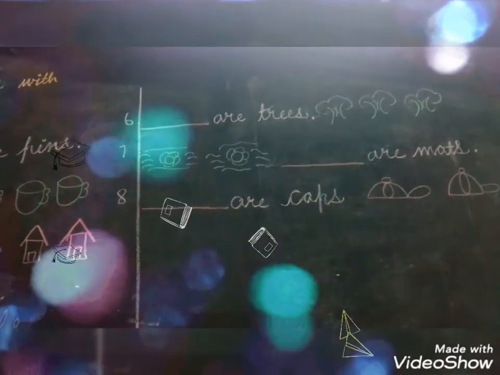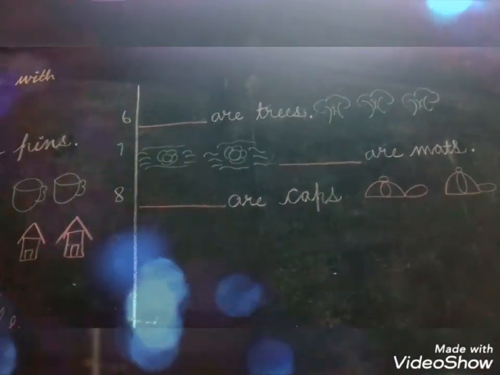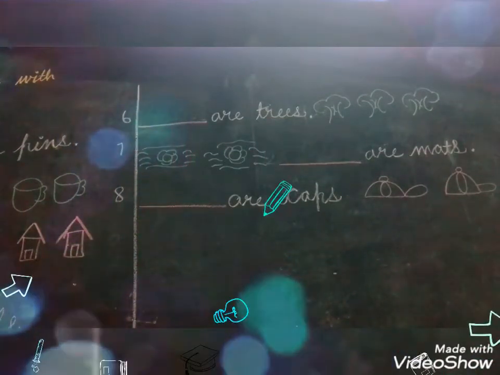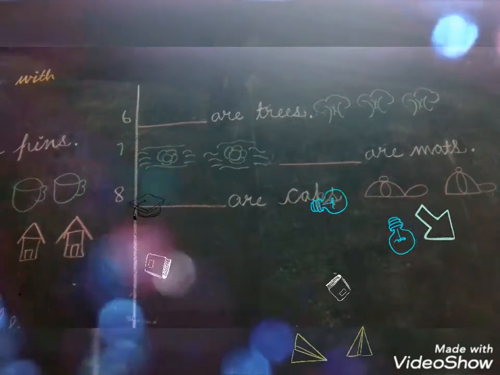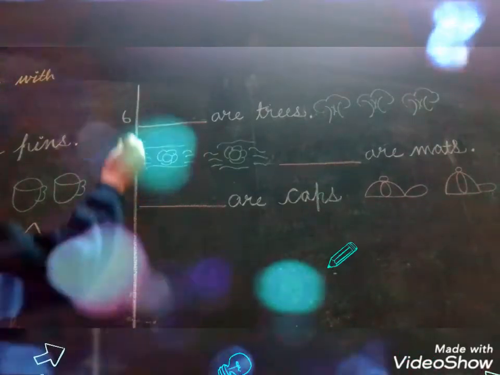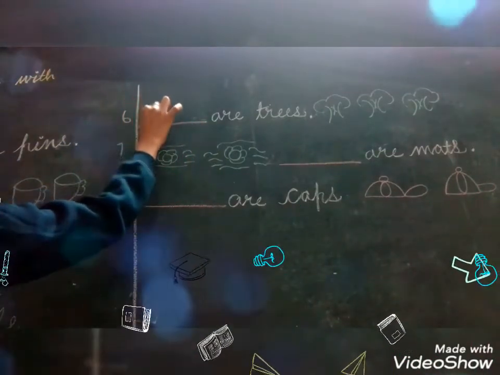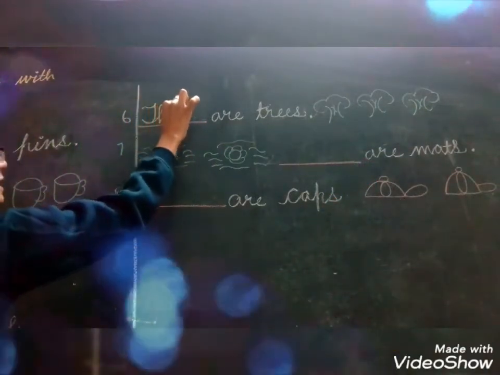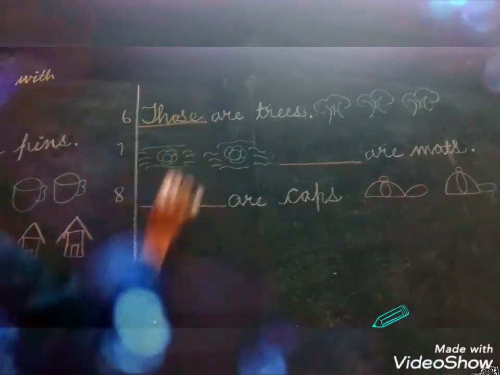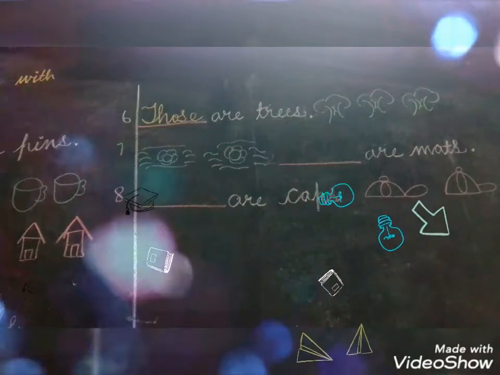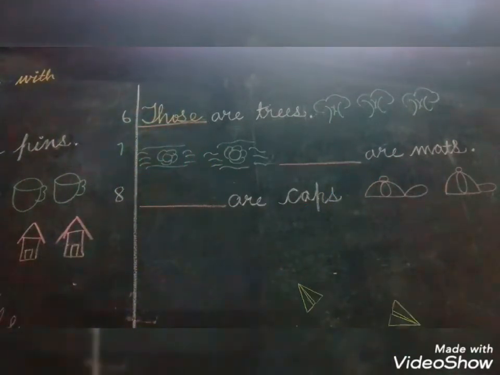Do you see them? Yes, very good. So, blank are trees. What spelling comes here? Those are trees, because trees are far. T-H-O-S-E. Those are trees. Next one: blank are mats.